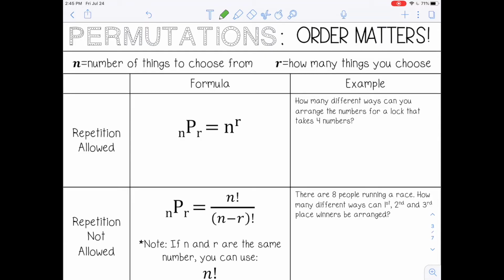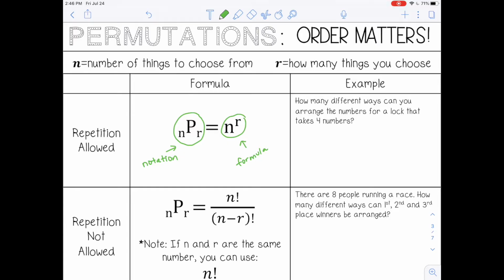So let's talk about an example when repetition is allowed. So this is how you notate that you're trying to find a permutation, and this is the formula for that. This is just the notation that's telling you that we are finding a permutation, and then this is the actual formula.